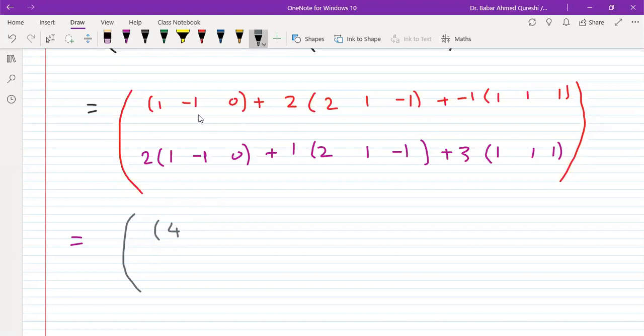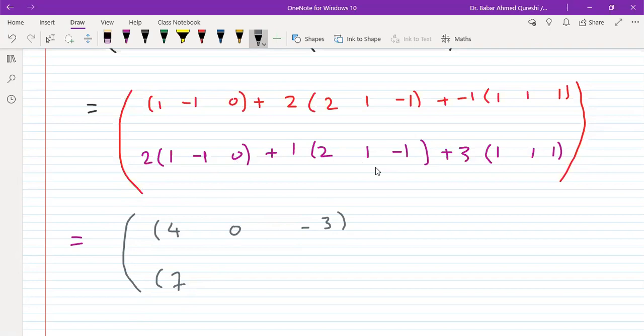At the second place, I get minus 1, plus 2, minus 1. So 0. And in the third place, I get 0, minus 2, minus 1, or minus 3. And then I have a row lying over here. 2 plus 1, 2 plus 2 plus 3, so a 7.